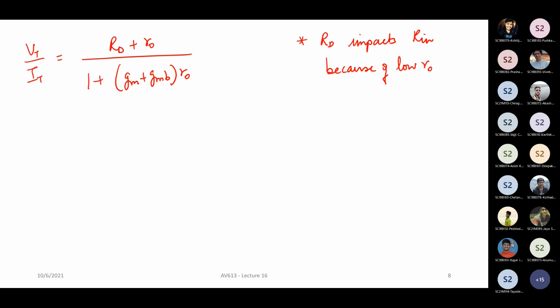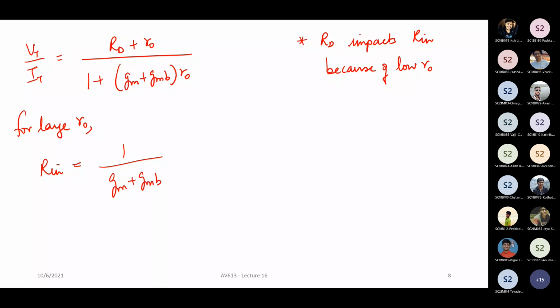low R naught. Now, if you take R naught to be kind of infinity here, as you put the limit R naught tending to infinity, it will automatically come down to what? For large R naught, Vt by It, which is your input impedance, becomes equal to 1 by Gm plus Gmb.